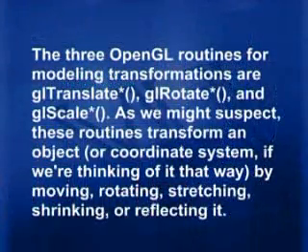We're going to talk about modeling transformations first, as we have just discussed. The three OpenGL routines for modeling transformations are glTranslate, glRotate, and glScale. As we might suspect, these routines transform an object or a coordinate system, if we are thinking of it that way, by moving, rotating, stretching, shrinking, or reflecting it.